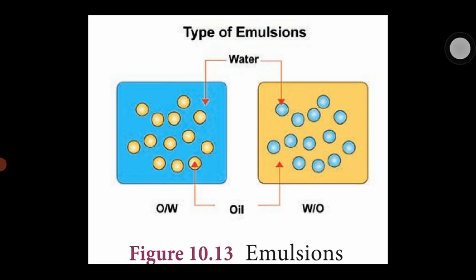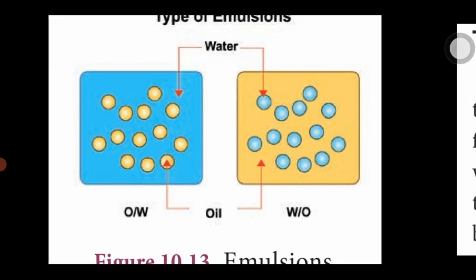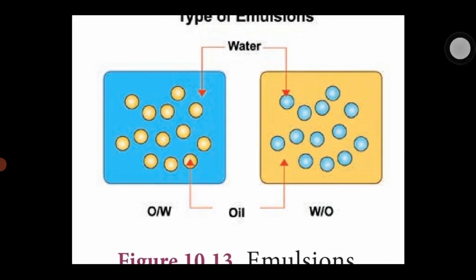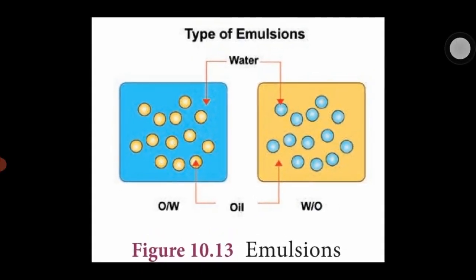First case, O/W: oil droplets mixed with water, so a smaller amount of oil is dispersed in an excess amount of water. In the other case, W/O: water droplets mixed with oil, so an excess amount of oil with a smaller amount of water. These are the two types of emulsion, one is O/W, another is W/O.